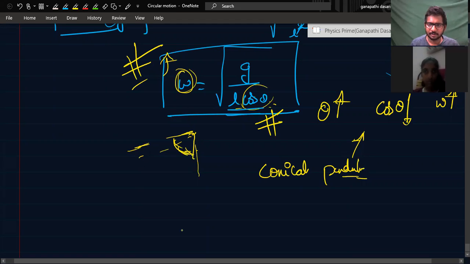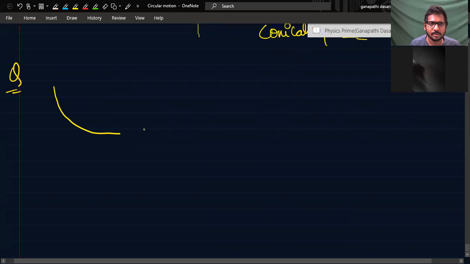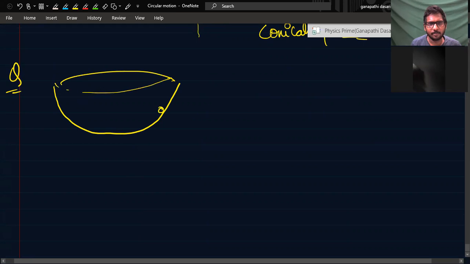Did you understand this? Similarly, there is another question. A hemispherical ball is given, and a ball is kept here, which is rotating in a circular motion like this.